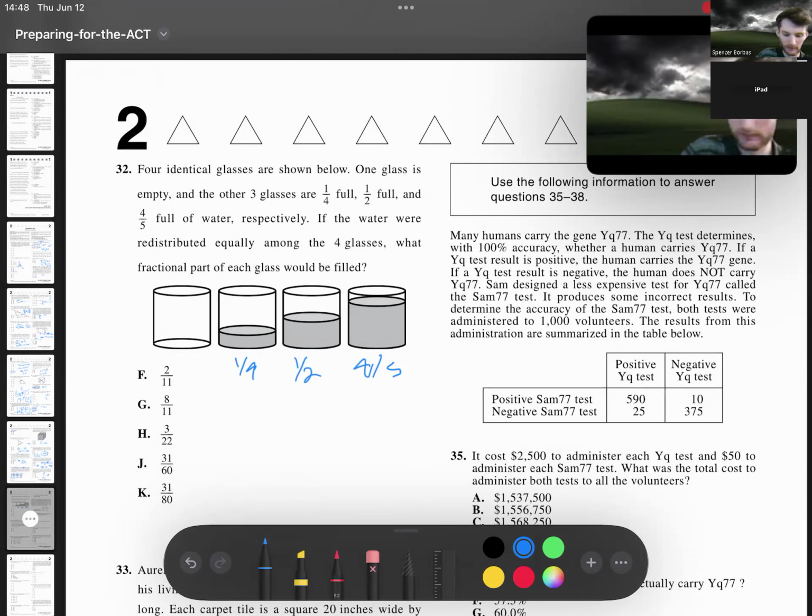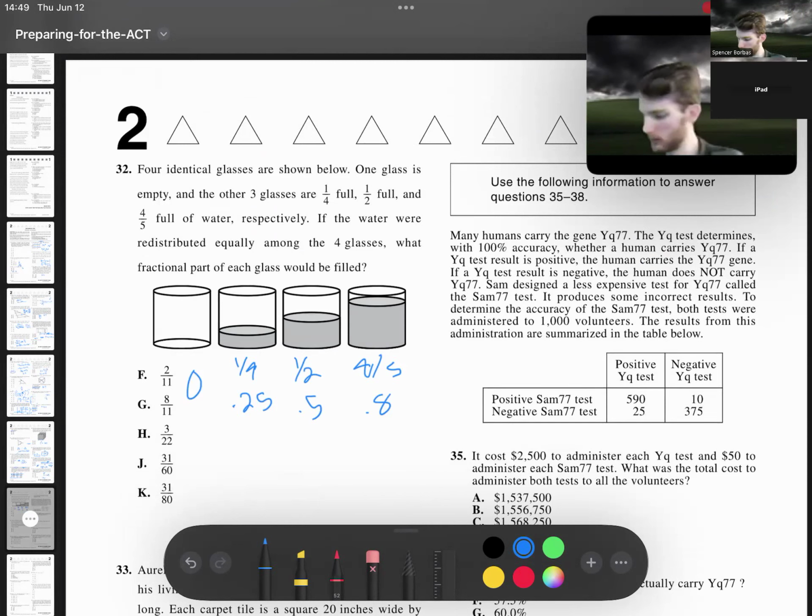That's like 0.25, that's 0.5, and that's 0.8. Oh, and that's 0. So 0.25 plus 0.5 plus 0.8 divided by 4 is 0.39. Oh, but you want a fraction.